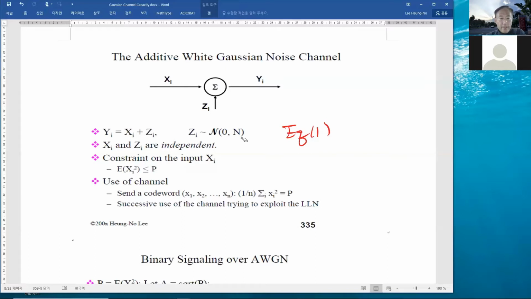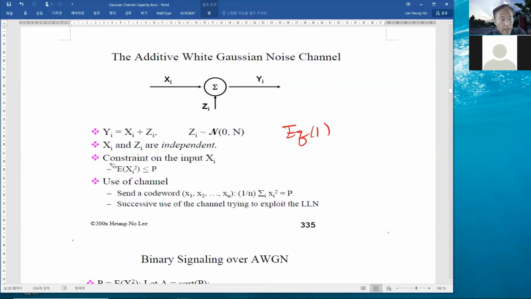You can just say that it is the expected value of the square of the random variable Zi, and whether you divide it by the time unit: if you divide it by the time unit, it becomes power, and if you don't, it becomes energy. So it doesn't matter.